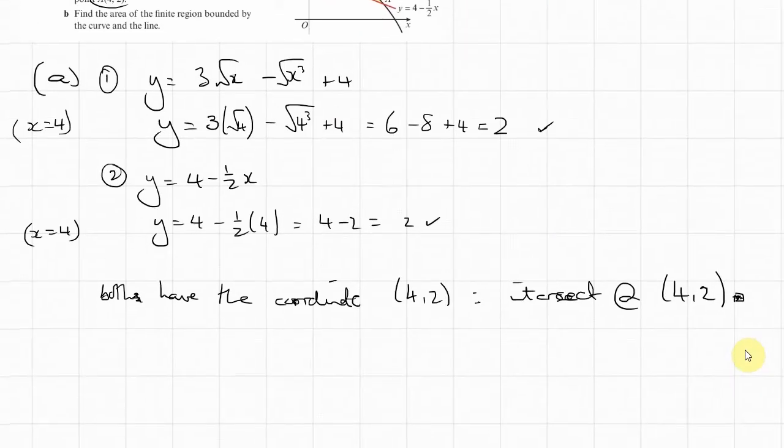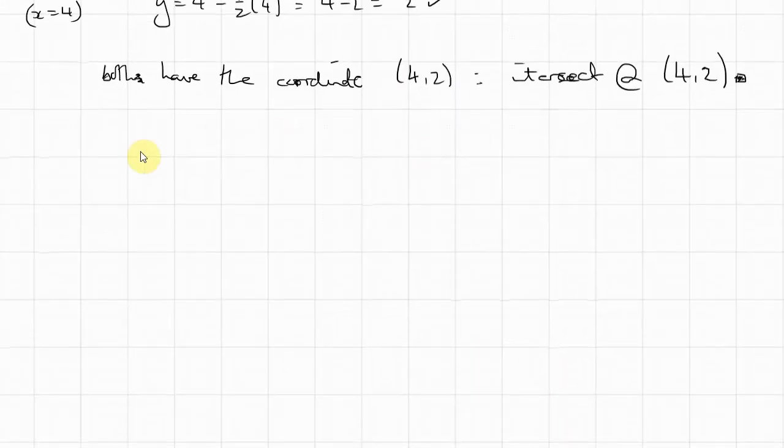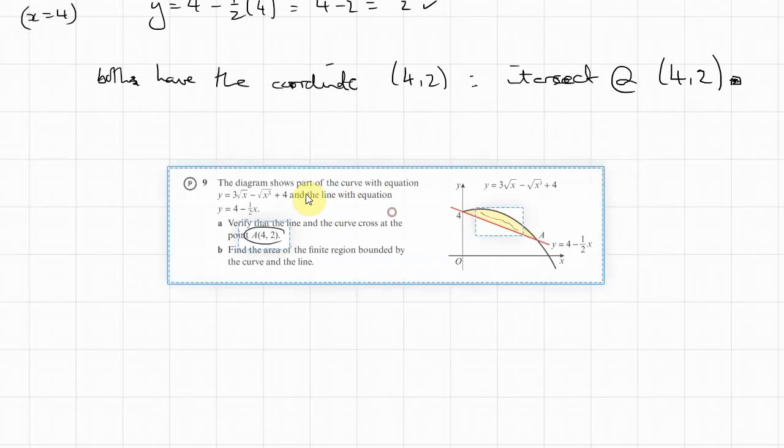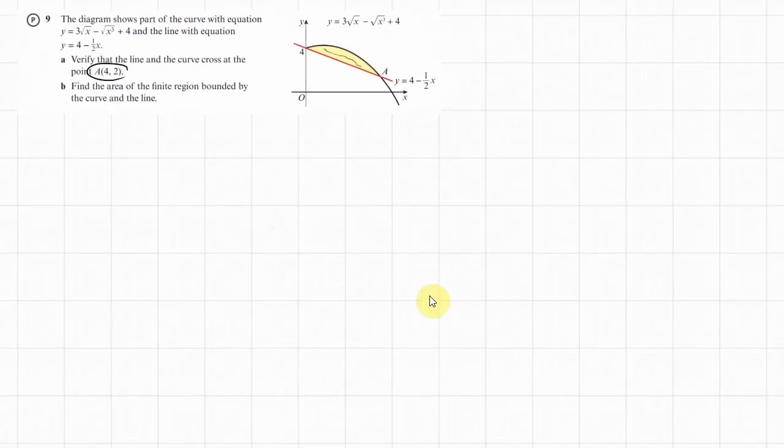Find the area of the finite region. So I'm probably going to need this again, so let's get this down here. Find the area of the finite region. If we do the integral, we know the x coordinate here is 4, from this coordinate. So we're going to be integrating between 4 and 0.